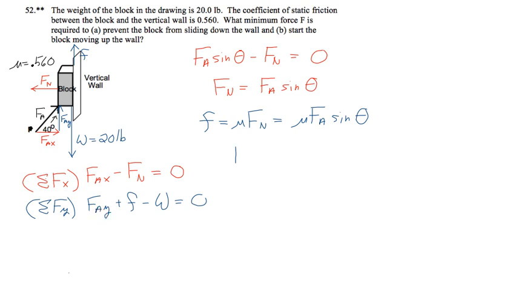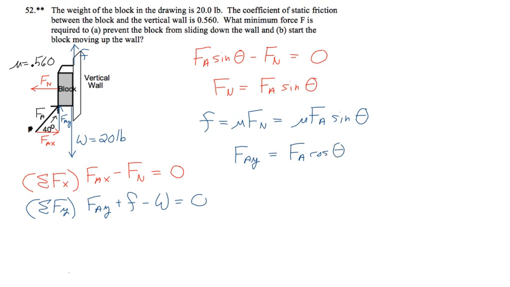So let's get Fay in terms of Fa. So Fay is going to be what? Cosine, the hypotenuse times the cosine. So it's going to be Fa cosine of the angle.